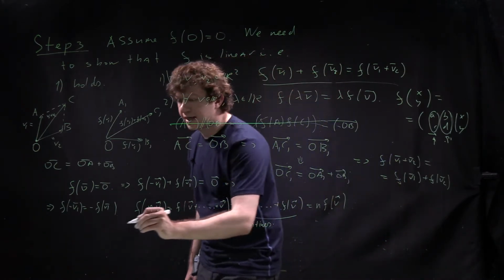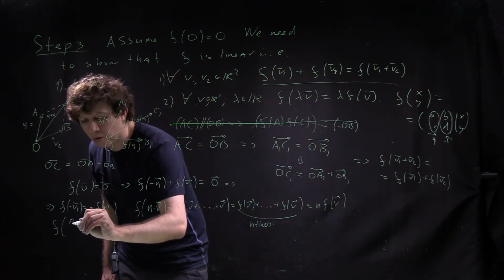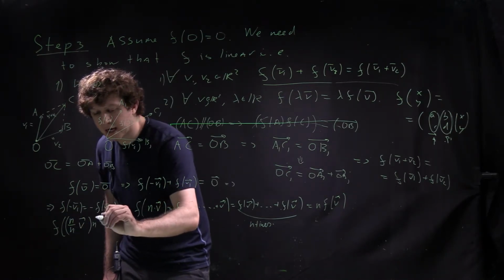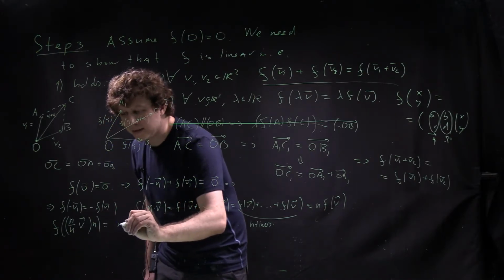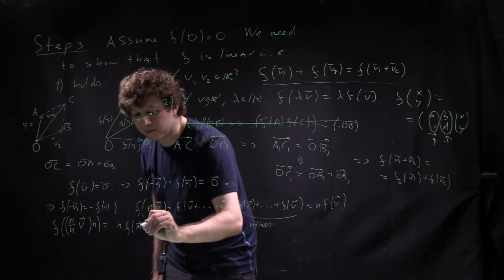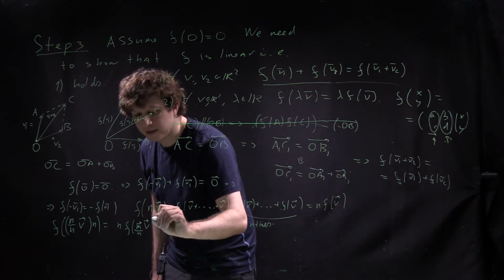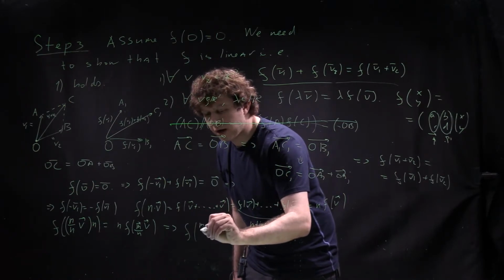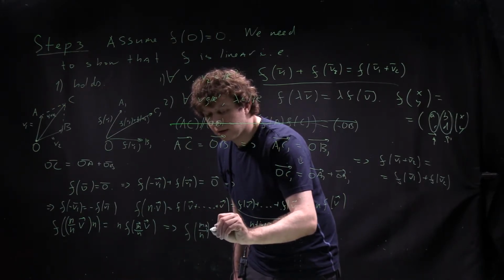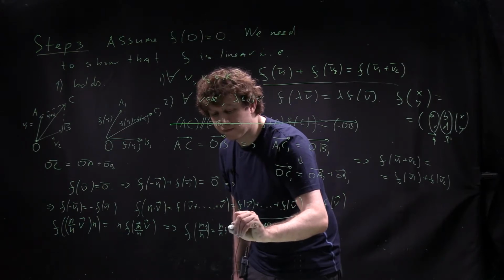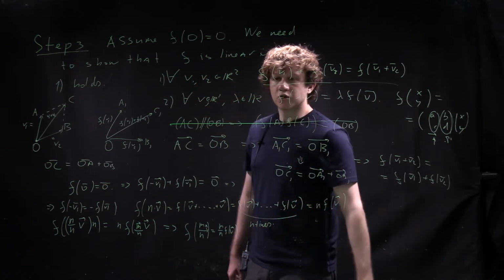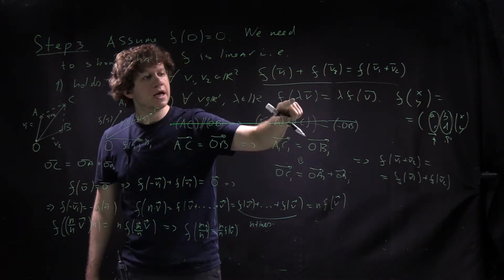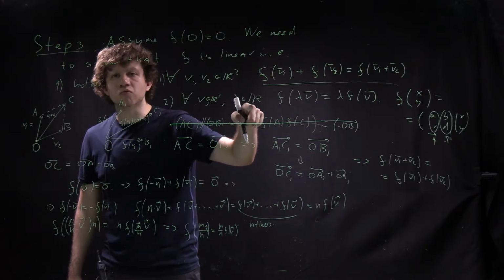And also if one takes f of m over n times v, we know that if you apply it n times, you will get n times f of m over n v. And so f of m over n v equals m over n f of v. So these two properties hold. This holds for any two vectors, and this holds for lambda being rational.